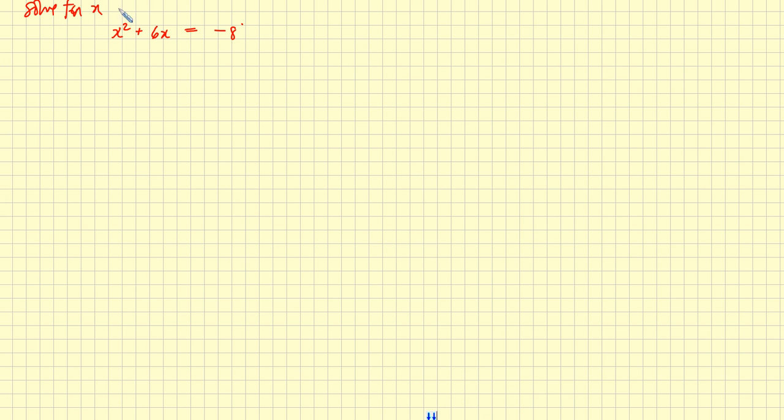Solving for x here would mean that I have to bring everything over to one side of the equation, so this would go to x squared plus 6x plus 8 set equal to 0. Then I would use the sum and product rule and ask what two numbers multiplied would give me 8, but added would give me 6. The numbers would be 4 and 2. Then the final step, you would use the null factor law and say that either x plus 4 is equal to 0, or x plus 2 is equal to 0, so that x would equal negative 4, or x would equal negative 2.